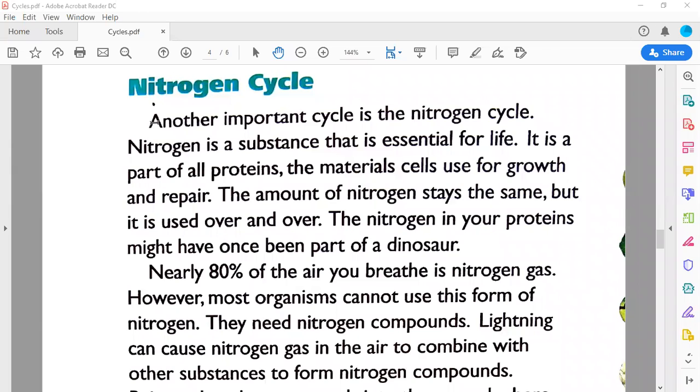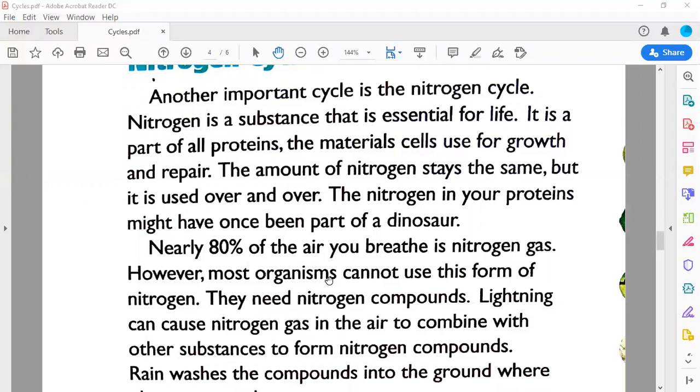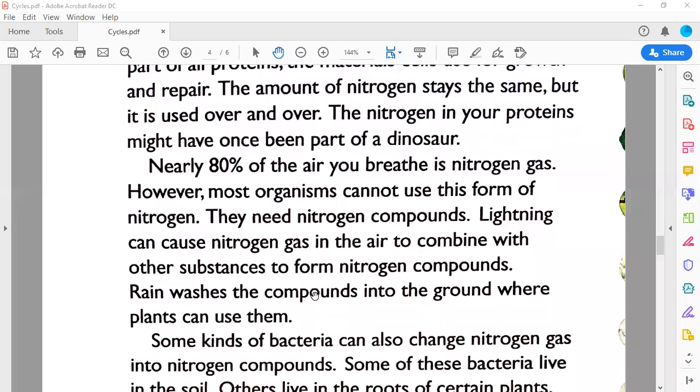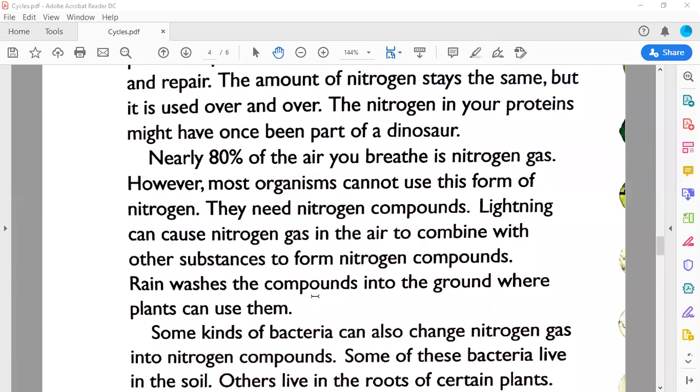The nitrogen in your proteins might once have been part of a dinosaur. Nearly 80% of the air you breathe is nitrogen gas. However, most organisms cannot use this form of nitrogen. They need nitrogen compounds.